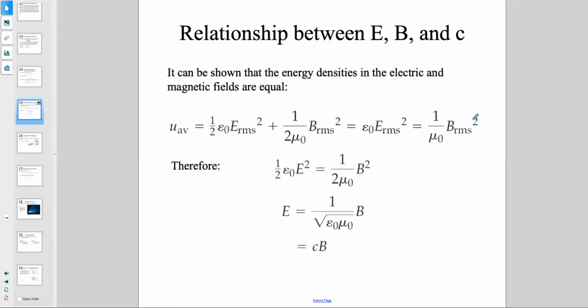In other words, this would be the average value for the electromagnetic wave, and this would be the average value for the electromagnetic wave, and they are equal.